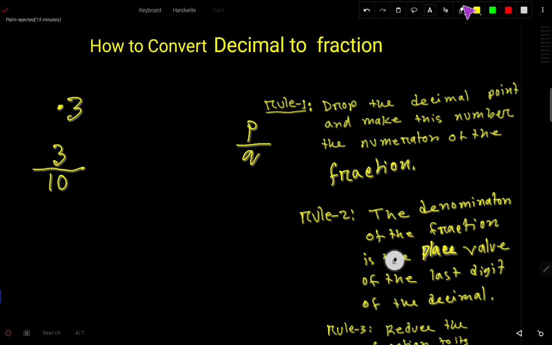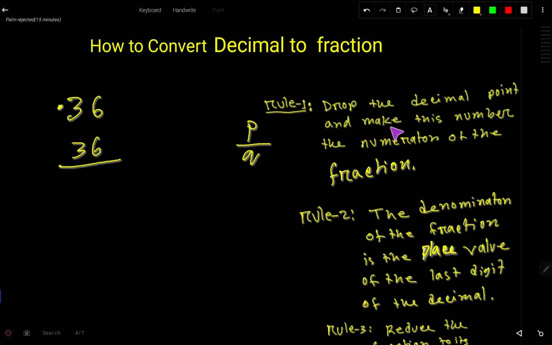Let us take another example. Okay, how to convert 0.36 to fraction. So for the numerator, drop this point and write the number that you are getting.